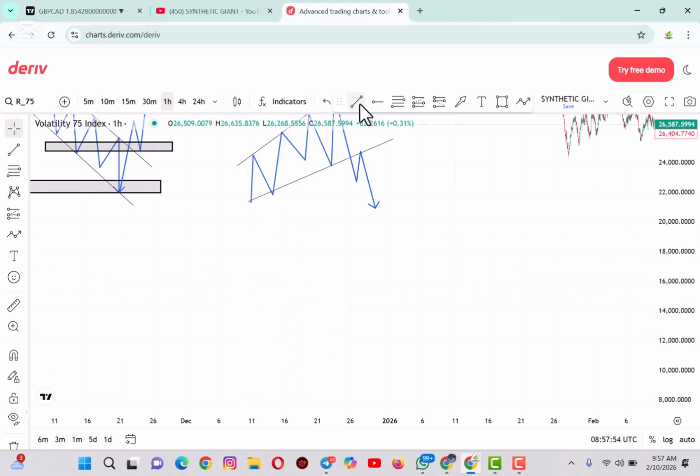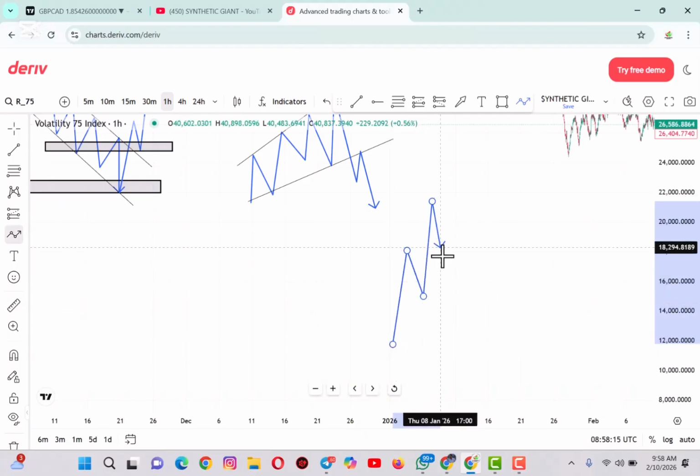So in a bullish market, we always have that series of higher highs and higher lows. Then you use your trend line, which is this particular tool, to join 2 or more points together, right? So if the market is trending to the upward direction, that means you want to start looking out for something like this.